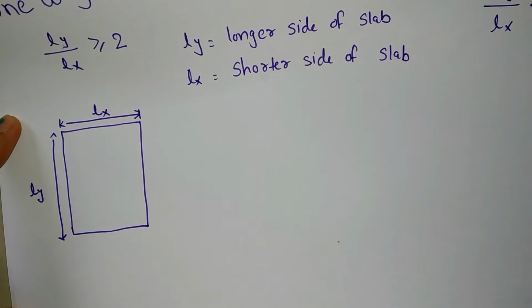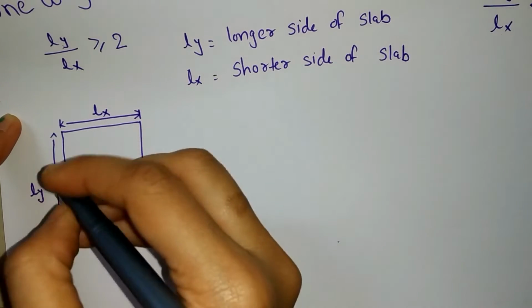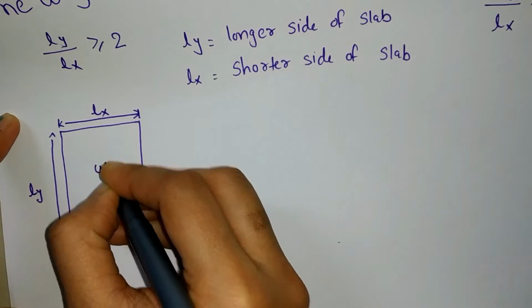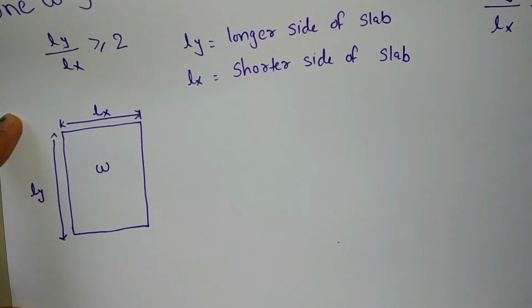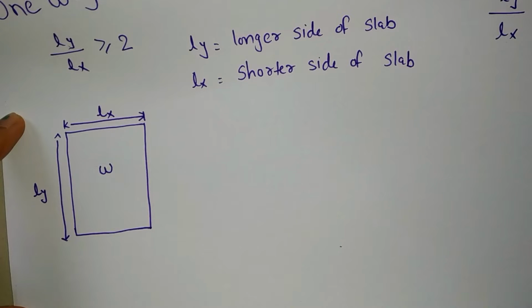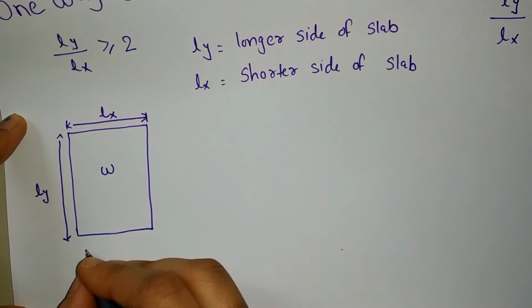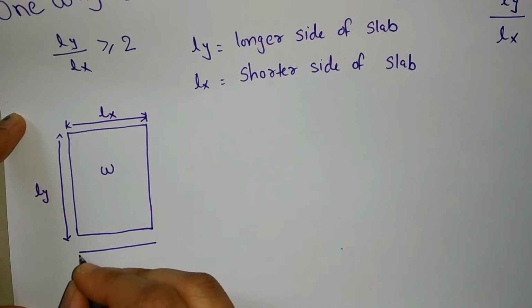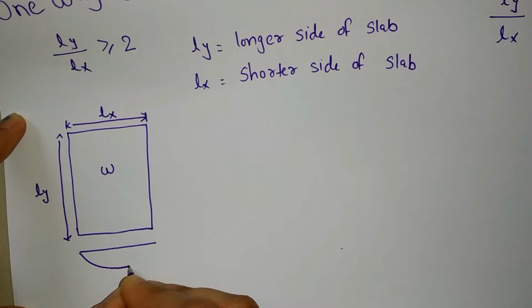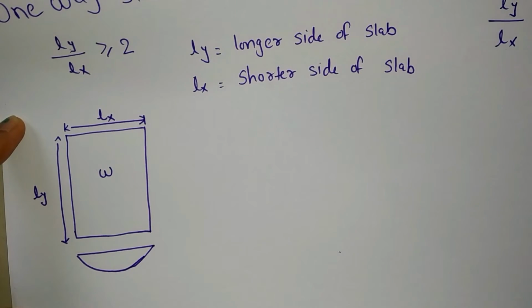Now, if I assume my load W, a UDL, is entirely on this particular slab as a uniformly distributed load. Okay. So, my one-way slab will bend in the shorter direction. Okay, you can see that.